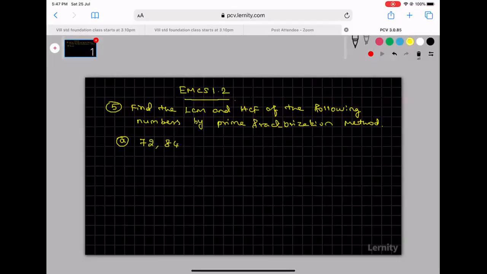So this is my answer. To find LCM, I'm going to do two methods. This is method one. I will show the same answer in two methods. Method one: I am taking 72, 84. Now I am dividing with 2, which is a common divisor.